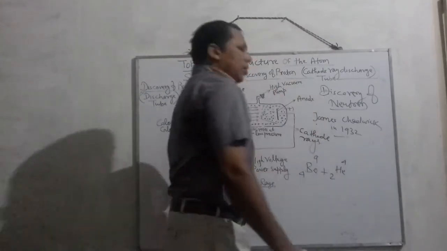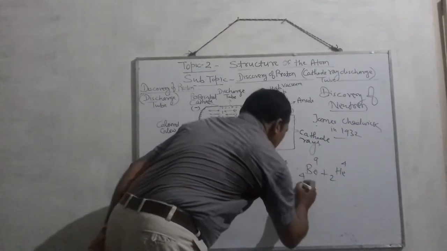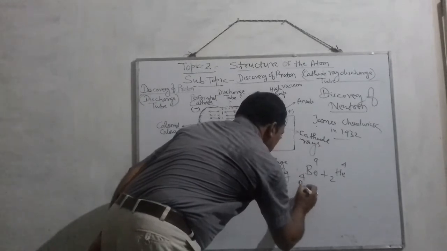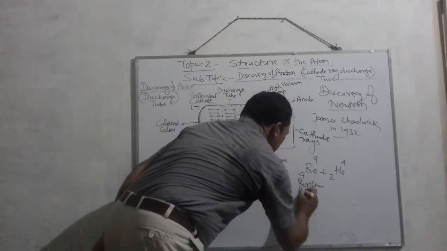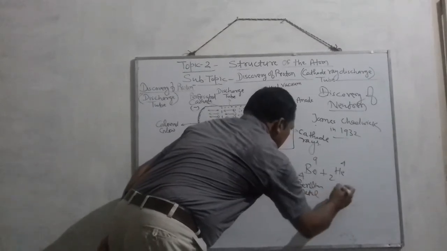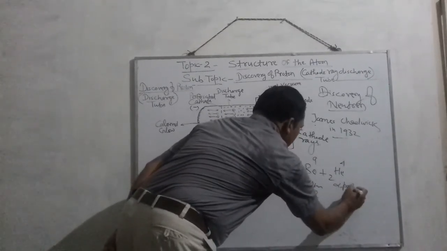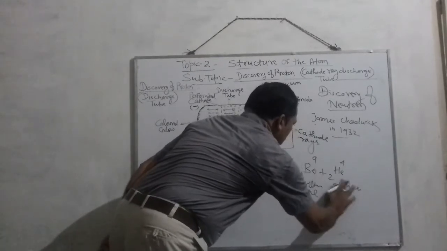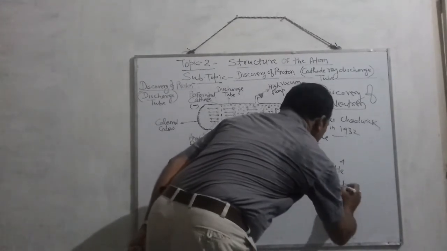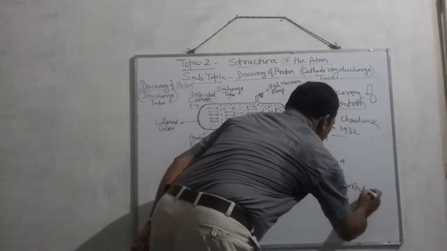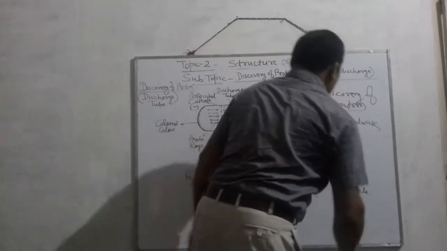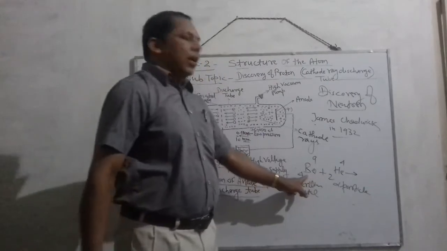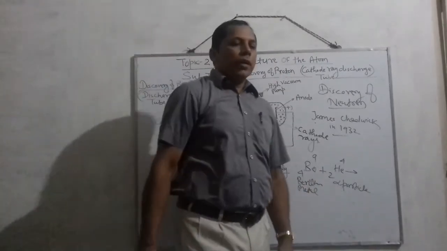So this is beryllium metal, this is the alpha particle. When they are bombarded with a fast moving alpha particle, then what happens?